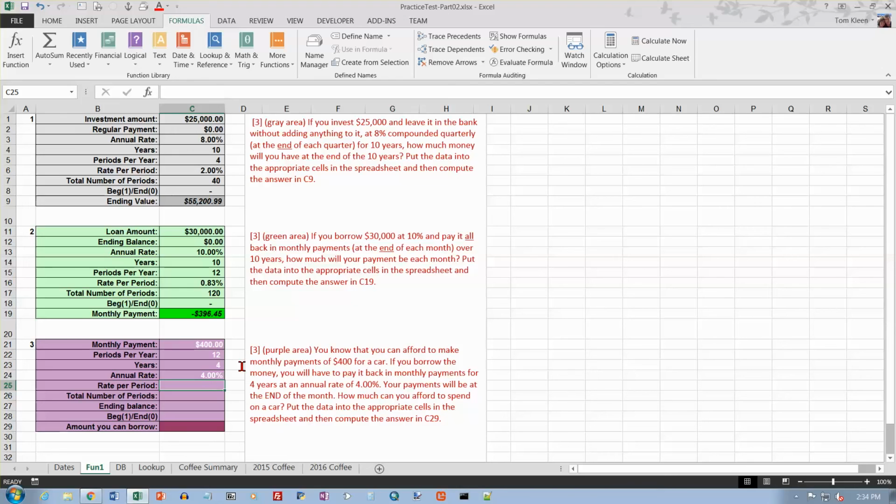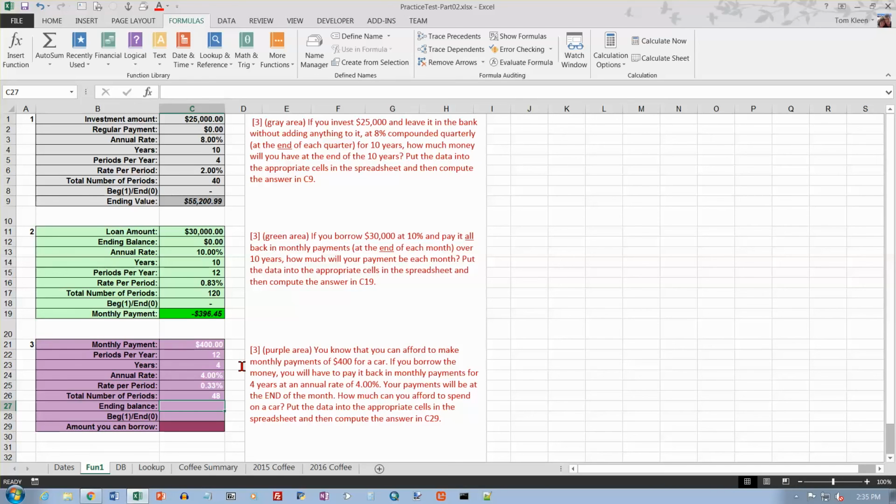The rate per period is going to be equal to the annual rate divided by the number of periods per year. So that should be 1/3 of a percent. The total number of periods is going to be equal to the number of years times the number of periods per year. I got that backwards, but I'm multiplying, so it doesn't make any difference. So 4 years, 12 times a year is going to be 48.